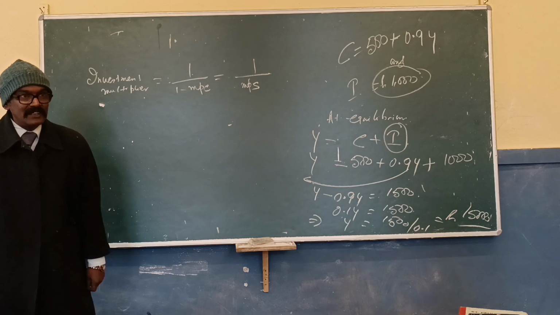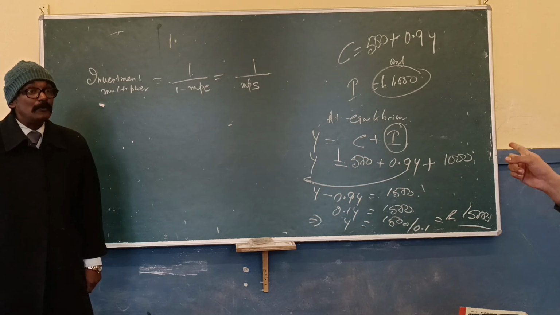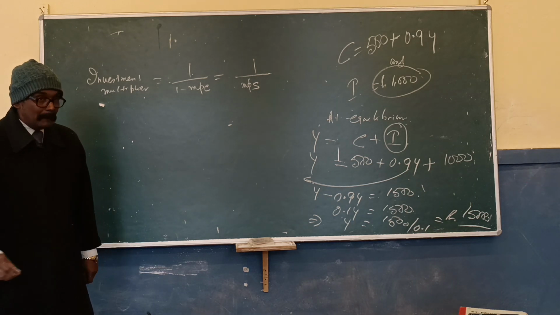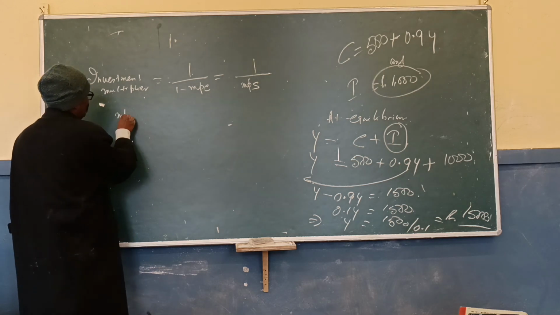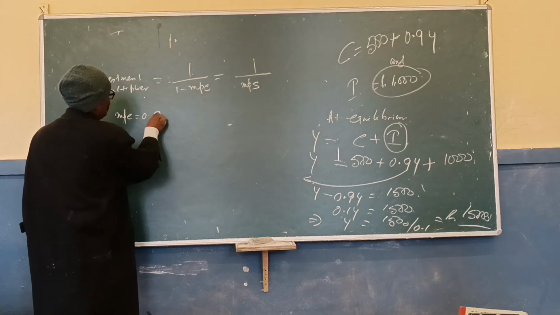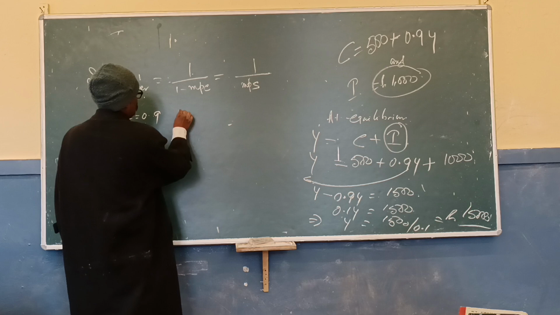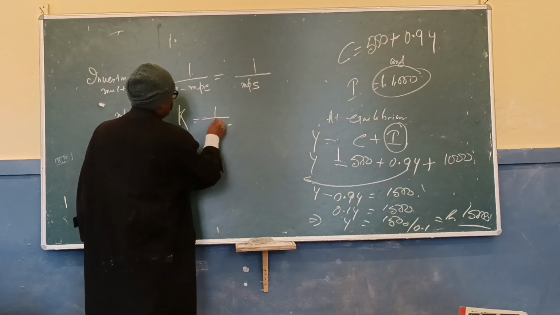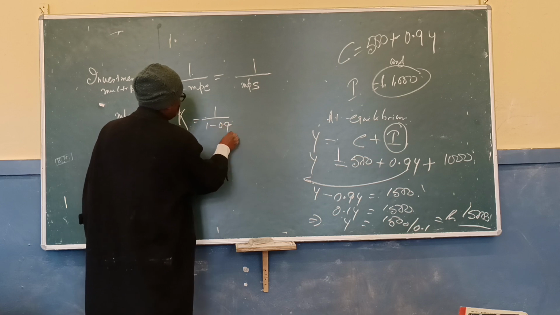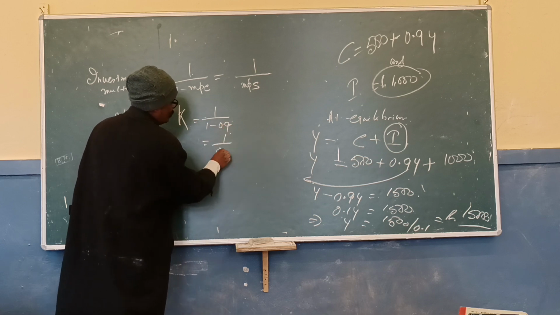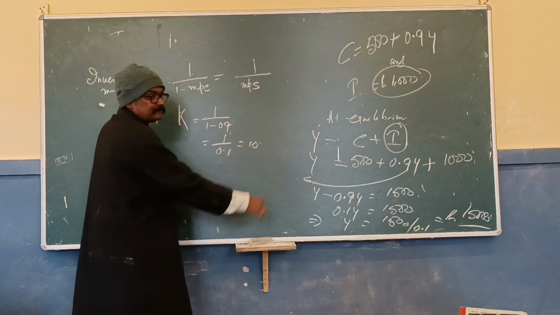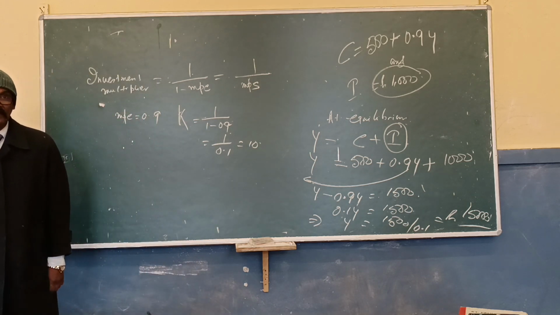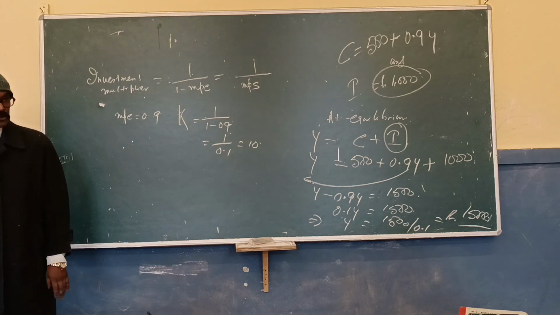Now in the sum what is given? MPC is given 0.9. So investment multiplier denoted by K is equal to 1 by 1 minus 0.9, that is 1 by 0.1, that is equal to 10. Is it okay? Have you understood this one?